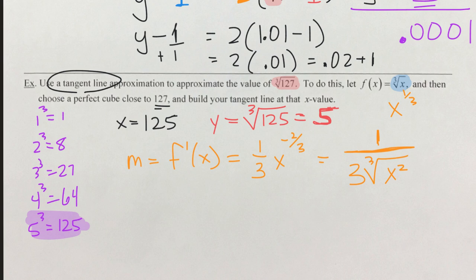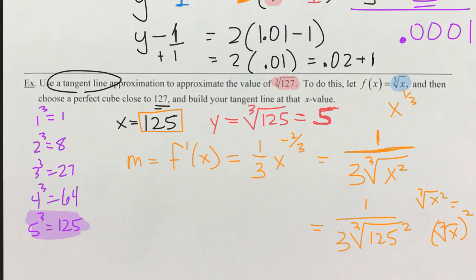Our x value is 125, so we plug 125 into here: 1 over 3 times the cube root of 125 squared. Now I don't know what 125 squared is, but I do know that taking the cube root of x squared is the same as taking the cube root of x and then squaring it.